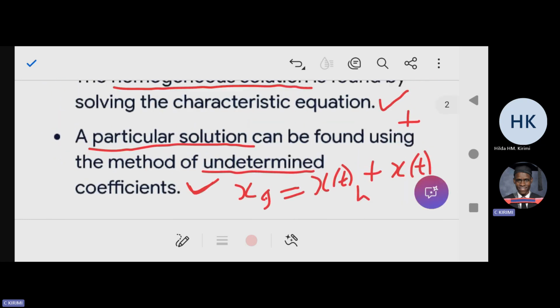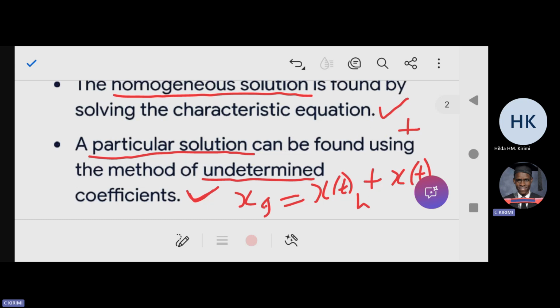You use the method of undetermined coefficients to solve for that particular solution. I will show you how to use that method.